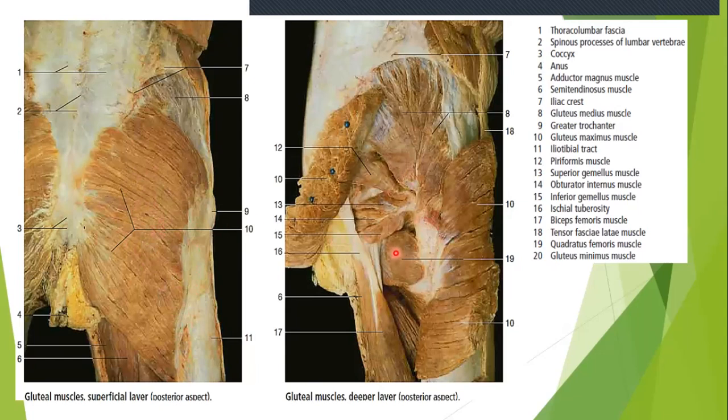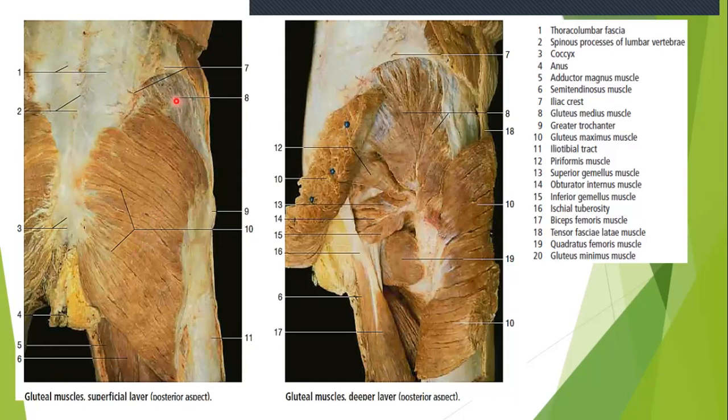Then in this image, we have cut it here, and we have reflected it. So this is the Gluteus Maximus. Yeah, we have cut it and reflected it. Then this is your Gluteus Medius. Deep to the Gluteus Maximus is the Gluteus Medius. In fact, Gluteus Medius is even visible before we cut and reflect the Gluteus Maximus. Here it is.